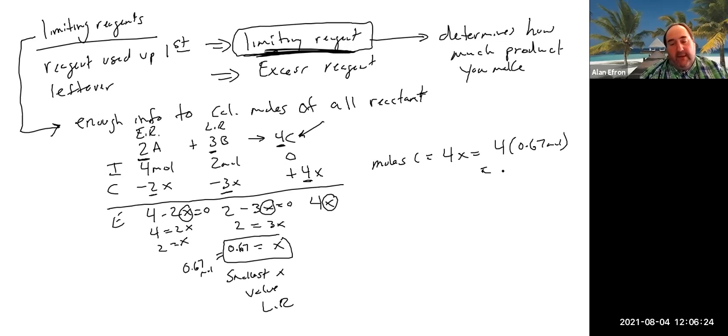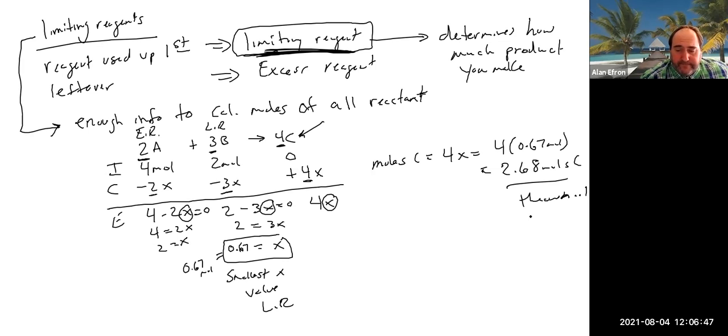That would tell us that we would produce 0.67 times 4, 2.68 moles. 2.68 moles of C would be produced. That would be our theoretical yield.